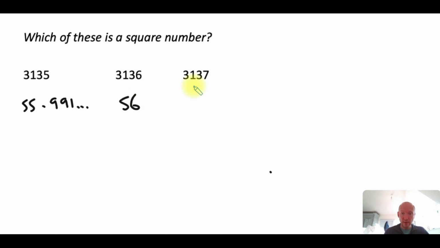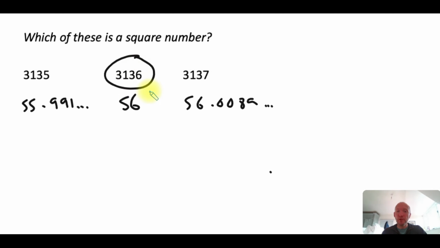And the square root of 3137 is 56.0089, blah, blah, blah. Right, what that tells me is that this number here must be the square number. It's the result of multiplying 56 by 56. I get 3136. So it's the result of squaring an integer, so therefore 3136 is a square number.